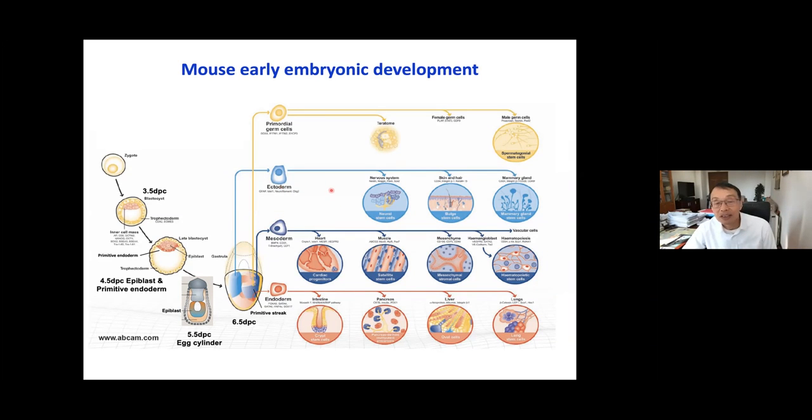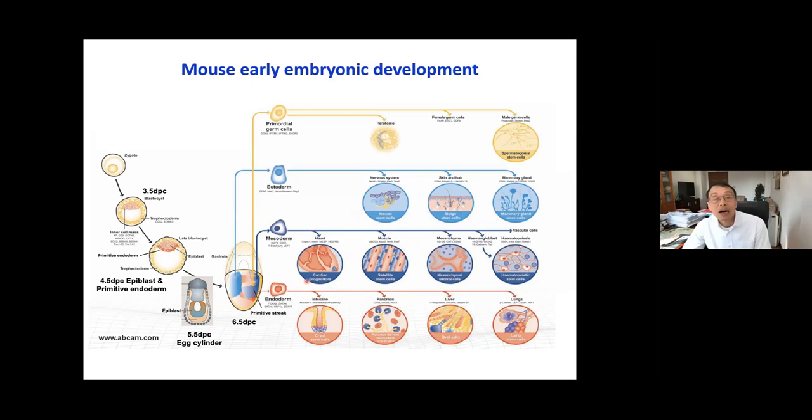Ectoderm later develops into the nervous system and the skin, the surface ectoderm. The mesoderm develops into the muscle, heart, blood, and others. And endoderm mainly develops into internal organs like the lung, liver, pancreas, and intestine.